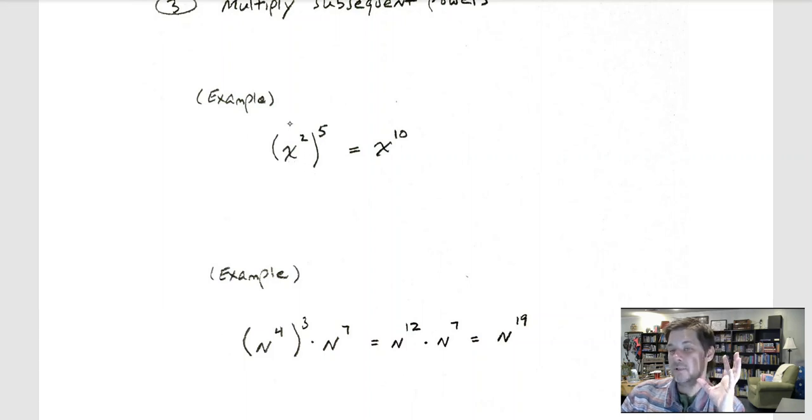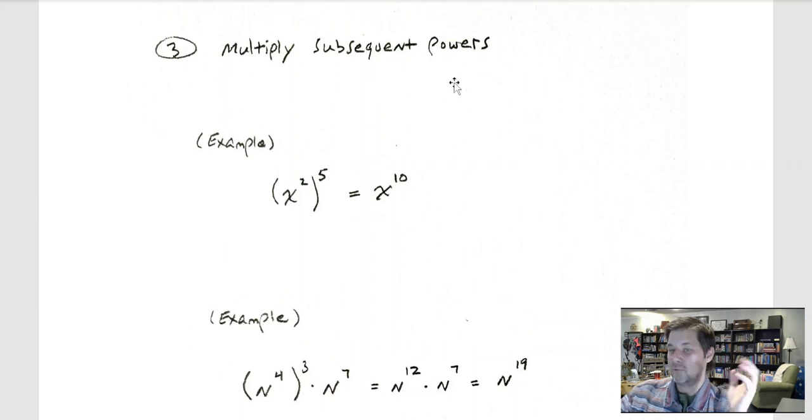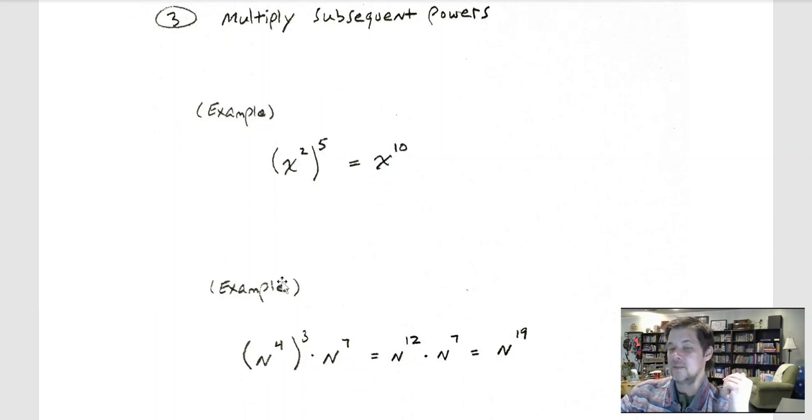So if I was going to do this calculation directly, I would have to take this number x and square it and get a result there, and then after that I would apply the 5th power to that. So that's what I mean by saying these are subsequent. But if that's what it is, you can, as a shortcut, multiply the powers together and just have one exponent. So x squared then raised to the 5th power, which is how I'd read this one, is x to the 10th power. 2 times 5 is 10.